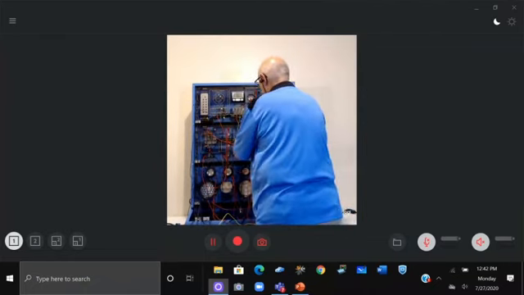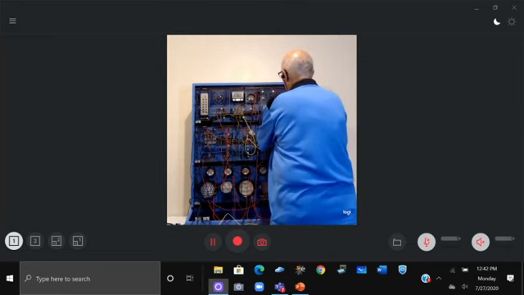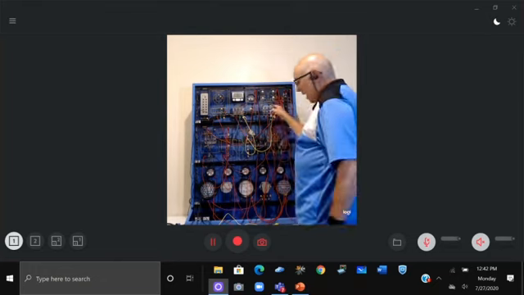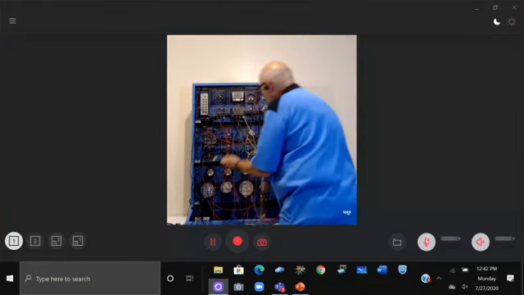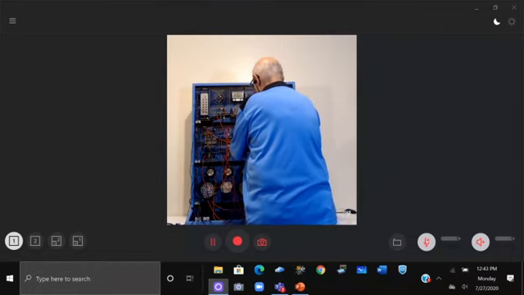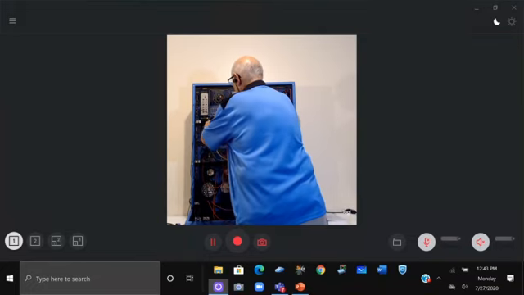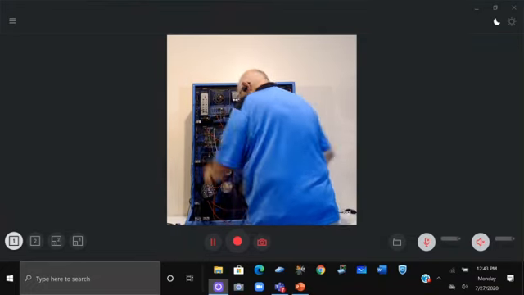Then I'm going to go, and excuse my back. I've now put CAN bus to the input module. Green and yellow. Over to the ECM.